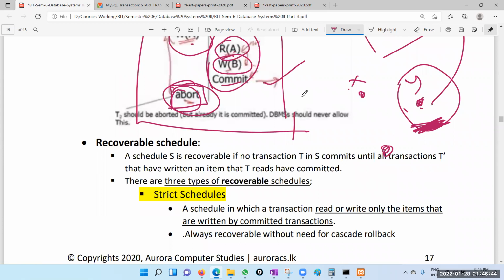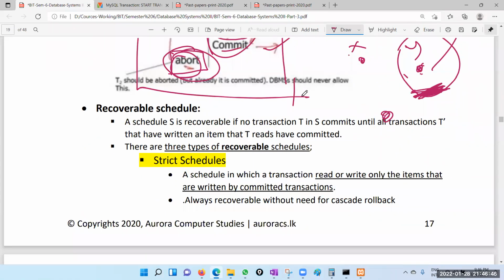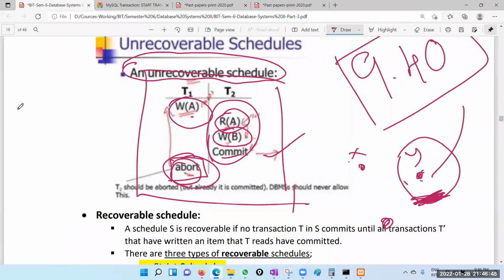For example, if this is done something like this: write A in transaction 1, then transaction 2 reads A, then writes B, then rollback, then commit.